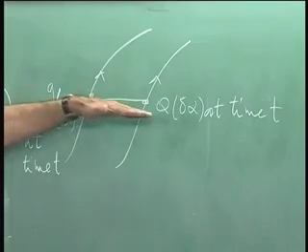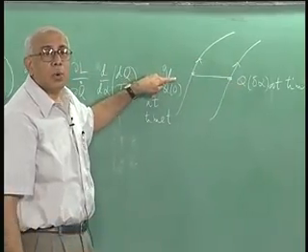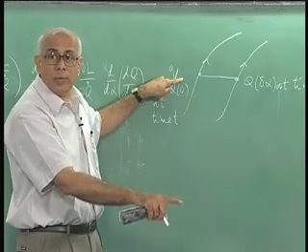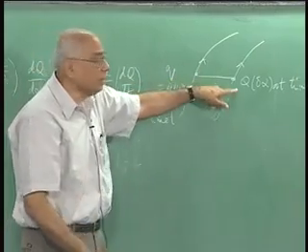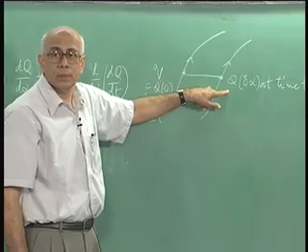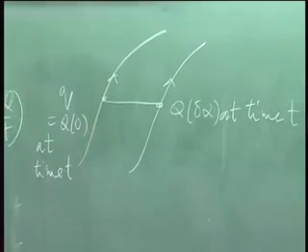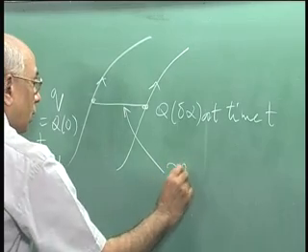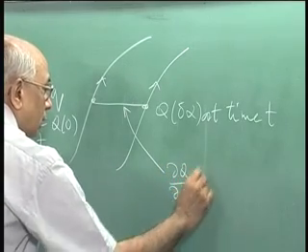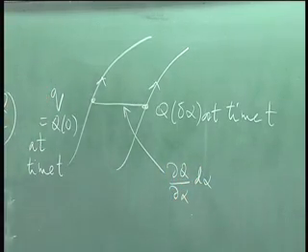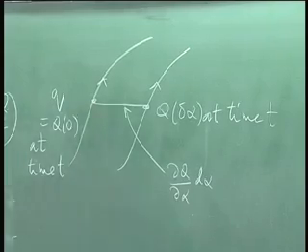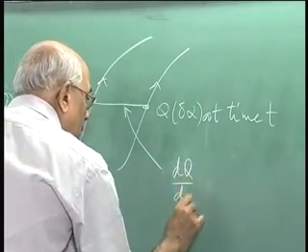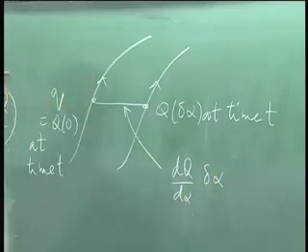At a particular instant of time, I look at this coordinate or set of coordinates in the original frame of reference, in the original coordinates, and in the transformed coordinates. And if it is an infinitesimal transformation of this kind, it is quite evident that this is equal to delta q over delta alpha delta alpha. So let us write it better, dq over d alpha delta alpha.